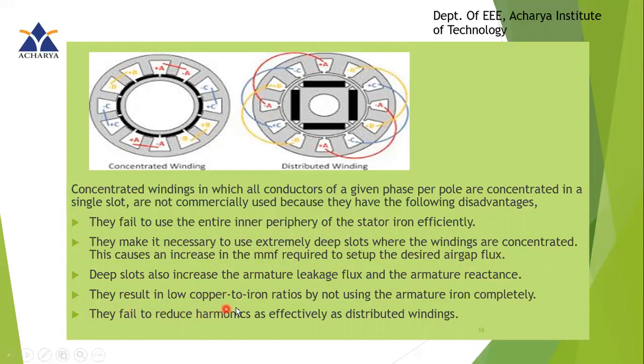They result in low copper to iron ratios by not using the armature iron completely. They fail to reduce harmonics as effectively as distributed windings. Because of these reasons, concentrated windings are not used, and we usually prefer distributed windings.